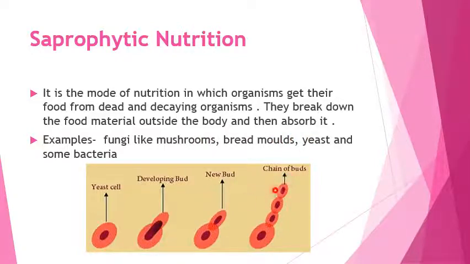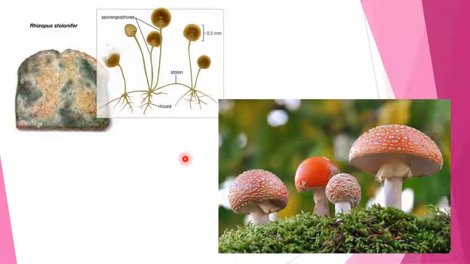Here in the image you can see the yeast cell showing various stages of growth, that is the reproduction of yeast cells. And here you can see Rhizopus, the bread mold. On the bread you can see this fungus, Rhizopus, and under the microscope it looks like this. And these are mushrooms, also known as fungi. The mode of nutrition of yeast, fungi, bacteria and mushroom is saprophytic, means it depends upon dead and decayed matter.